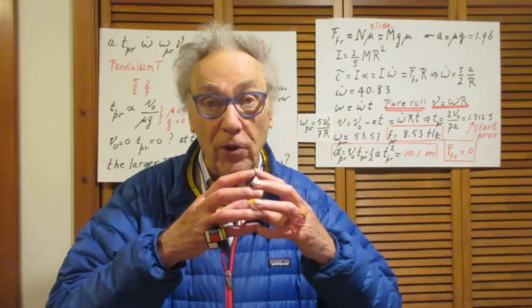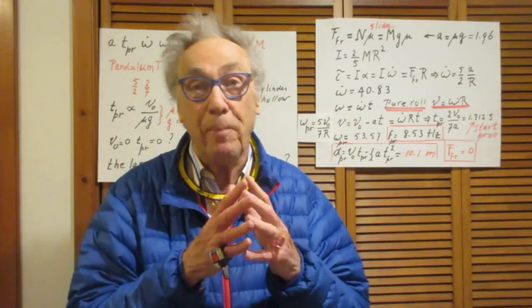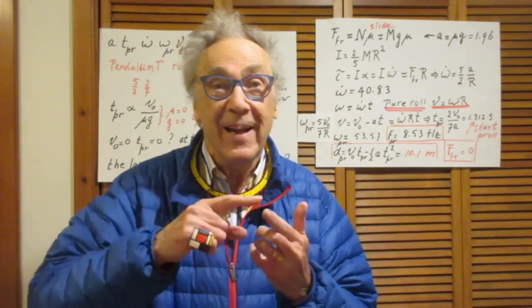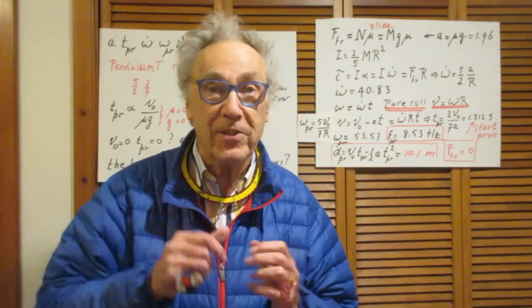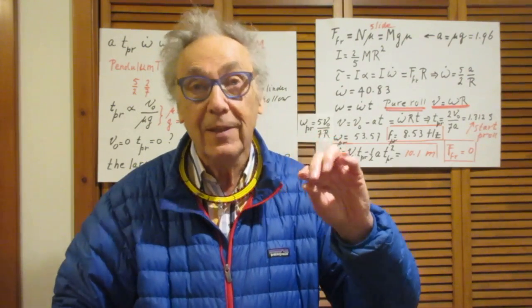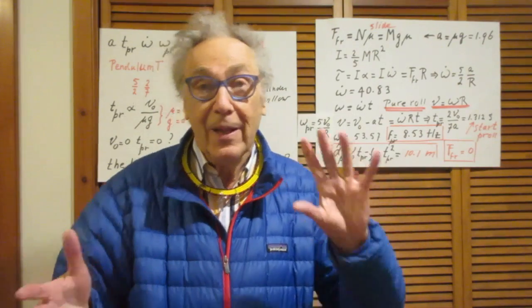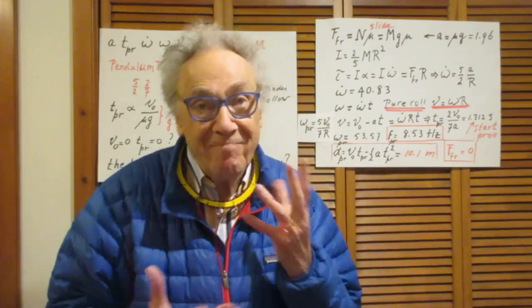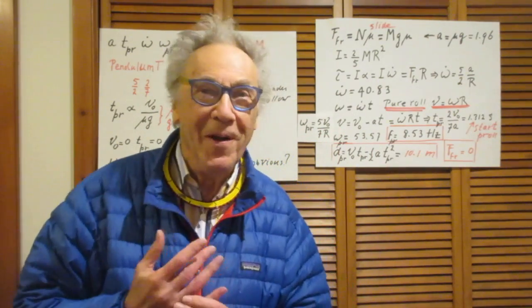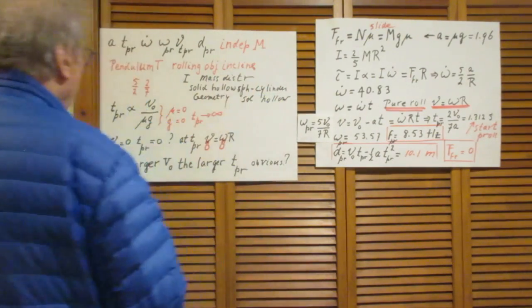If you have a solid cylinder, independent of the mass, independent of the length of the cylinder, independent of the radius of the cylinder, the time that it takes to roll down that incline is independent of mass, radius and length. So maybe you're willing now to digest the idea that all these quantities are independent of m.